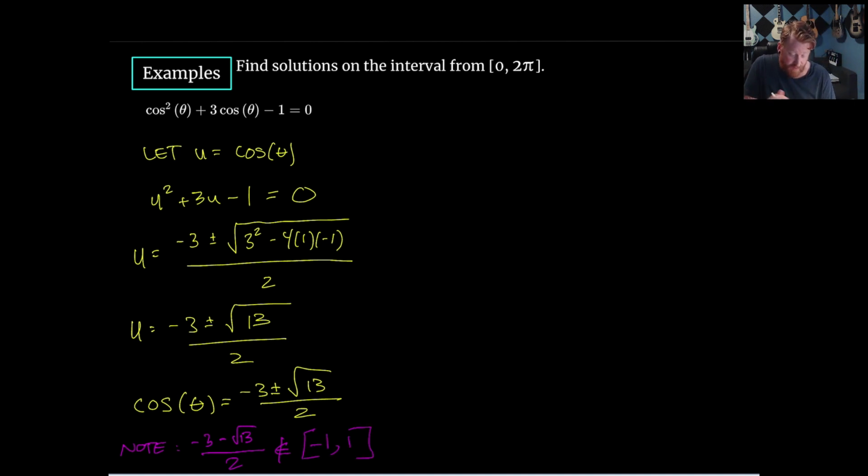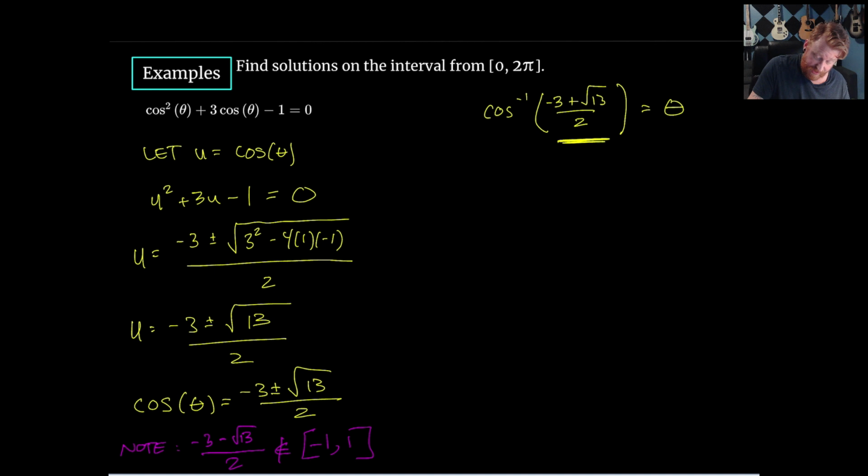So just like before, we can throw that solution out as being extraneous, and we can just look at the positive version here. So in my next step, we are looking at cosine inverse of just -3 plus the square root of 13 over 2 is equal to some angle theta here. So again, we threw out the negative version because this does not live in the domain of cosine inverse.